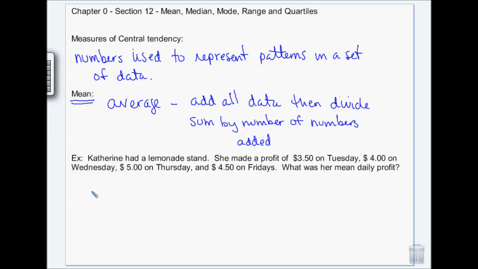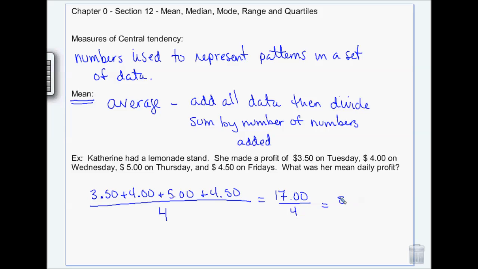So we're going to add up all of her daily profits, and we're going to divide that by, we're adding up 1, 2, 3, 4 numbers, so we divide by 4. So you get $17. If you divide that by 4, you get $4.25. So her average daily, or her daily mean, was $4.25.